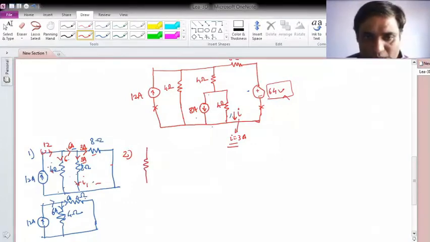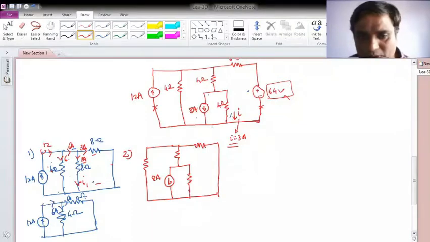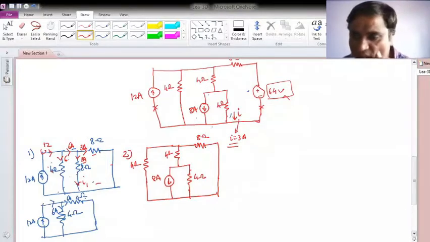One resistor 4 ohm here, then this 4 ohm here, then as I am activating this 8 ampere current source like this, there will be a resistance, and one more resistance, and then it will be connected like this. Okay, so this is my 4 ohm, this is my 4 ohm, this is my 8 ohm, and this is my 4 ohm.